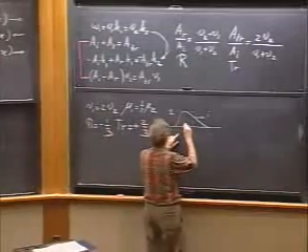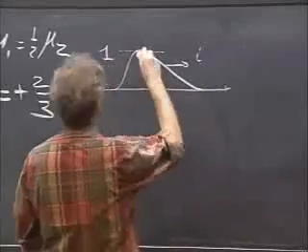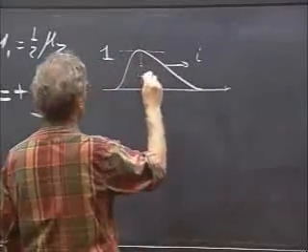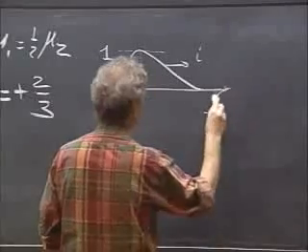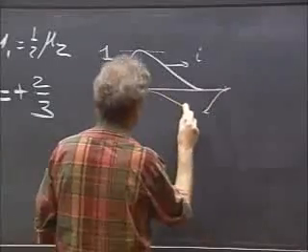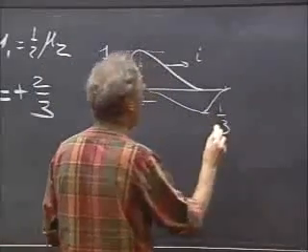So suppose the returning one were here, then you would see the returning one with only 1/3 of its amplitude. So that's about here. So you would see something like this. And it would be moving in this direction, and this amplitude is 1/3.